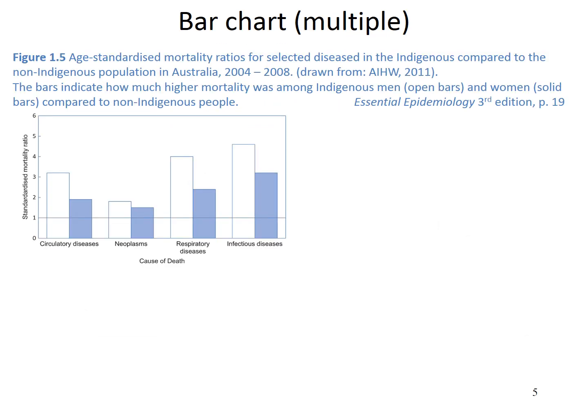Bar charts can also graph more than one variable at once. In figure 1.5, it shows the age standardized mortality ratios for 4 different diseases: circulatory diseases, neoplasms, respiratory diseases, and infectious diseases.